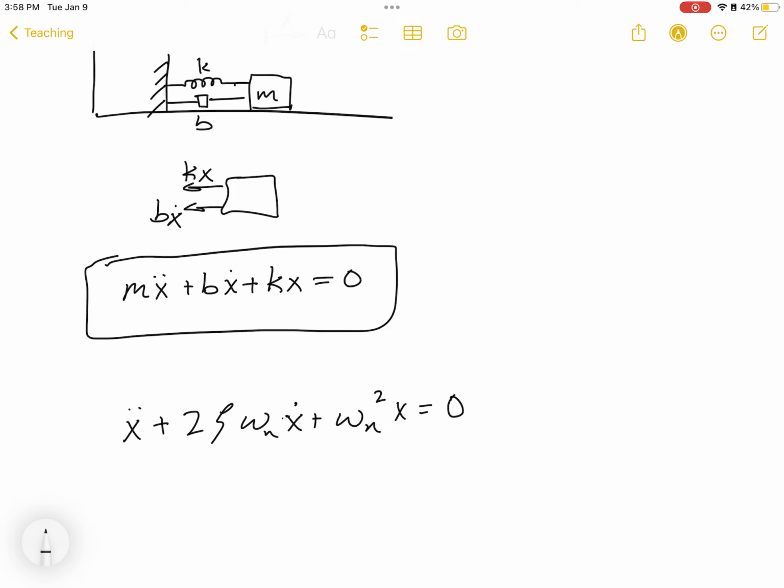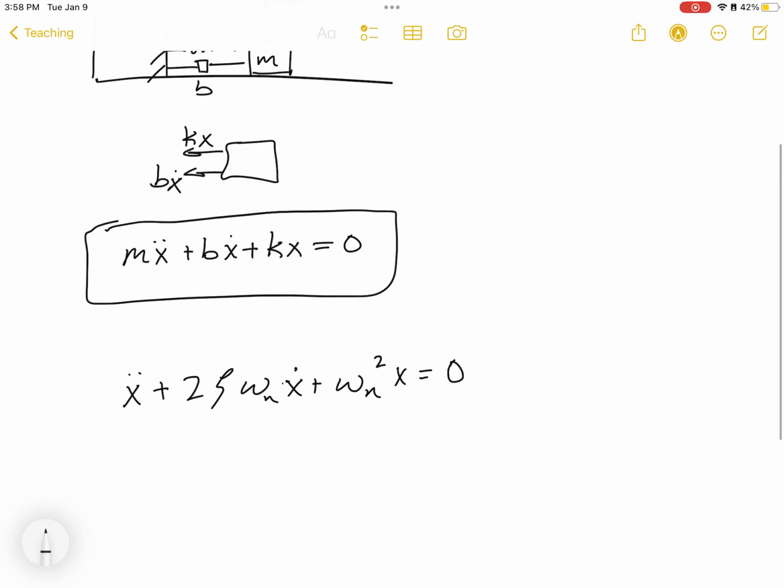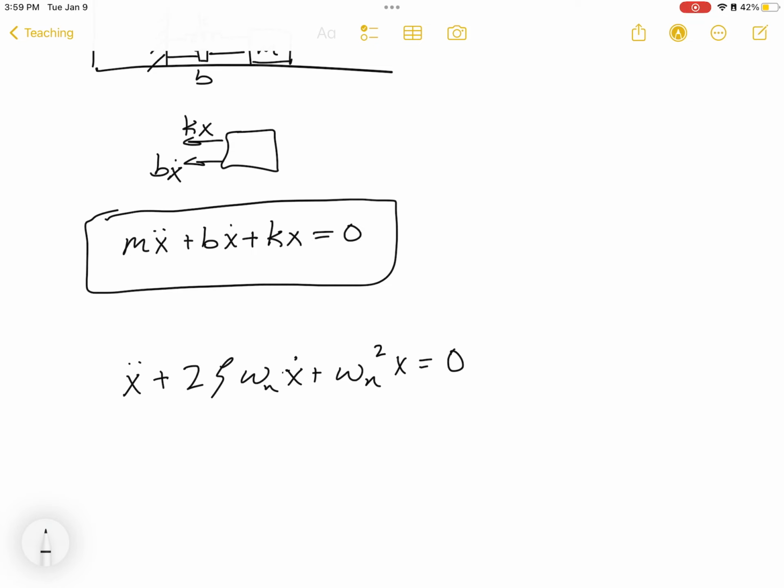And so any linear constant coefficient second order system can be rewritten in this way. This is going to be the general form.